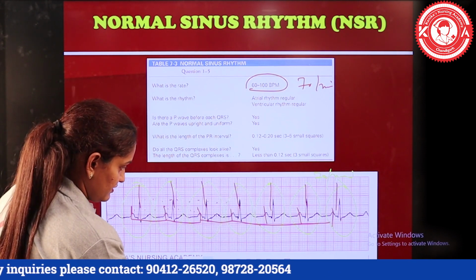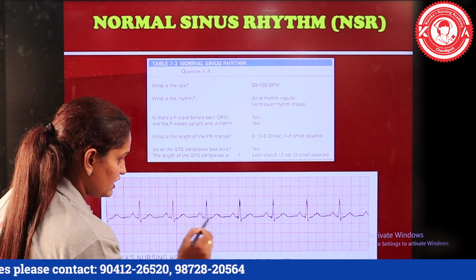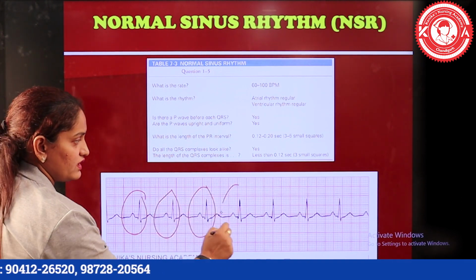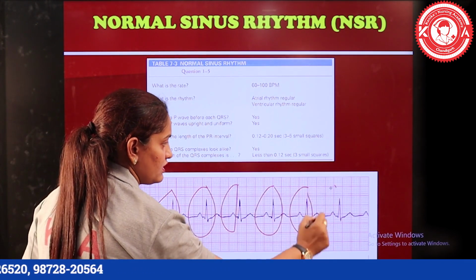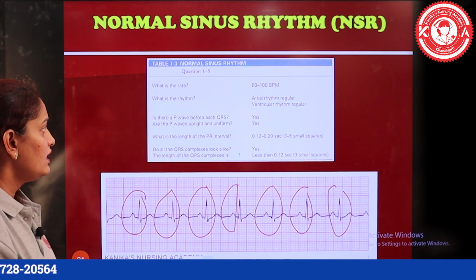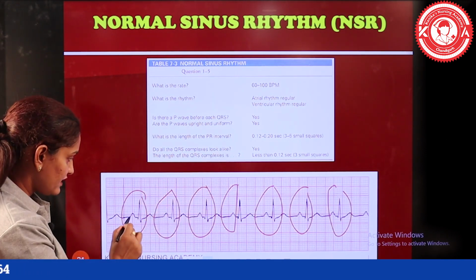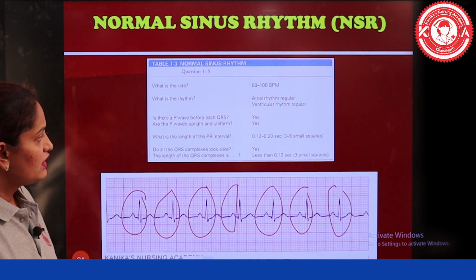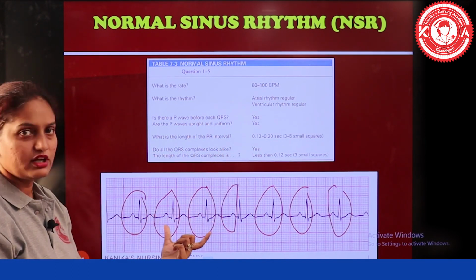Then next, is there a P wave for every QRS? Yes, there is a 1:1 ratio of P versus QRS. P waves are upright and uniform? Yes, P waves are smooth, rounded and upright in appearance. What is the length of the PR interval? It should be between 3 to 5 small squares.